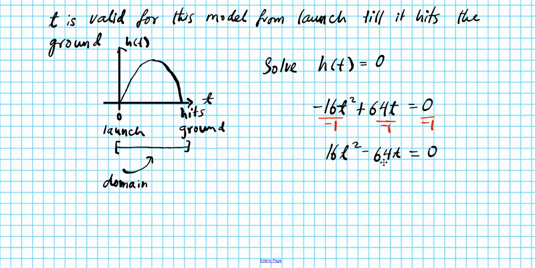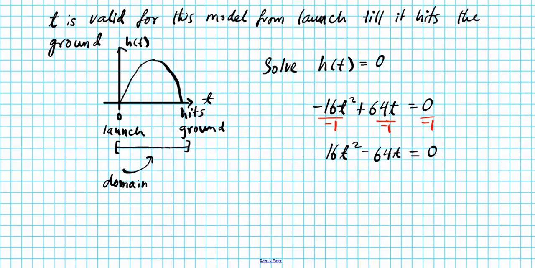Now, I like to reduce this equation by dividing by the LCD. What is the biggest number that goes into 16 and 64? If you multiply 16 by 4, you get 64. So the LCD of these two is actually 16, since 16 is a factor of 64.